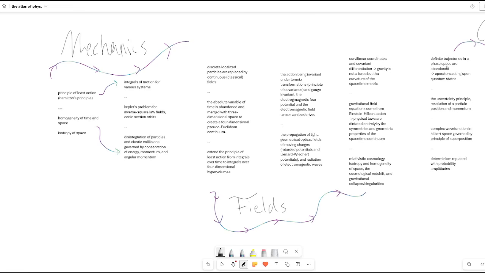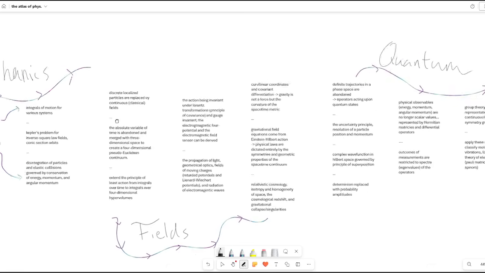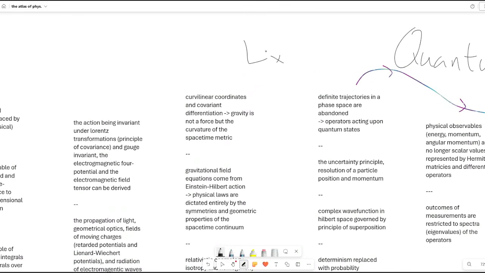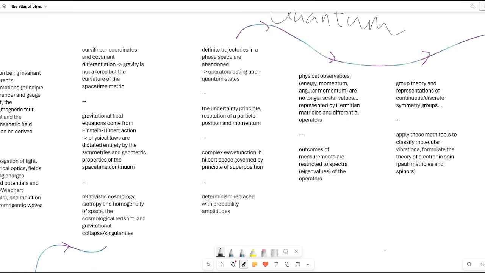Phase space is very emphasized in Hamiltonian mechanics, which basically just says if you have some momentum and some position, you would describe some trajectory in phase space that would describe some movement of a particle, some parameterized trajectory of a particle. Okay, so yeah, phase space is important, but the definite trajectories are abandoned.